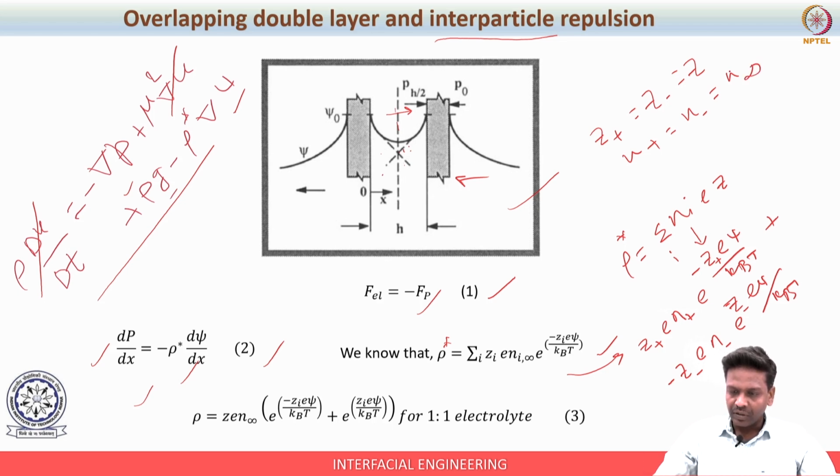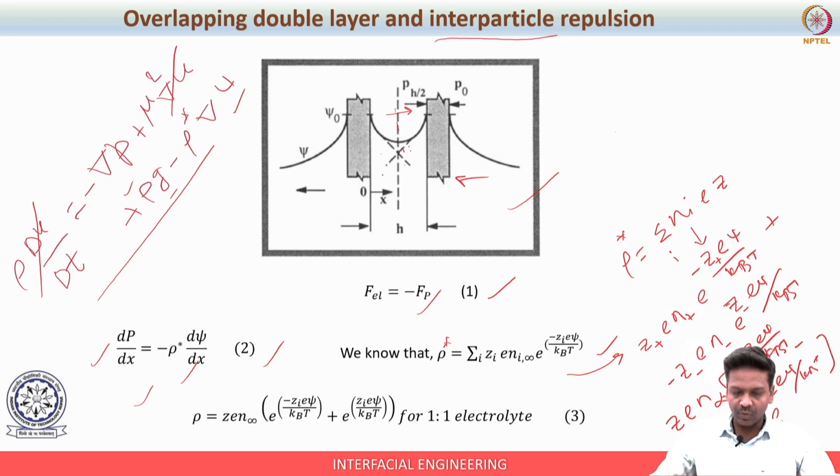In this way you can take out Z and N common, so you will have Z e N infinity, and you will have this term, exponential of minus Z e psi by kBT, and minus exponential of Z e psi by kBT.